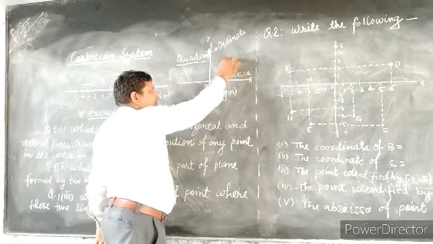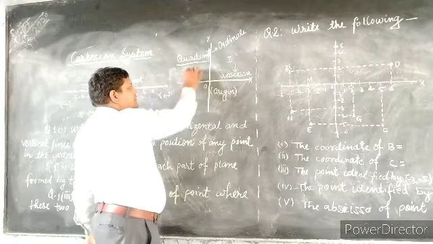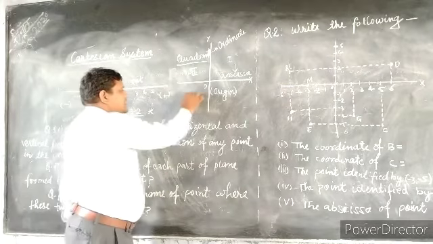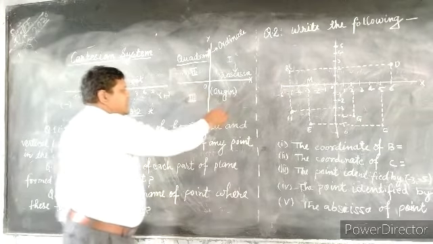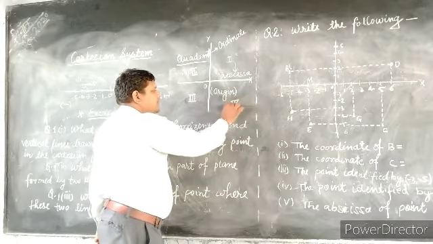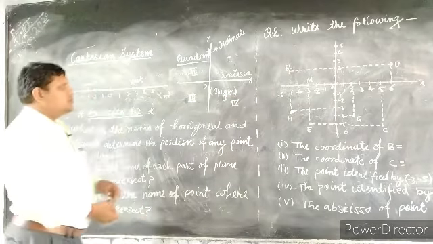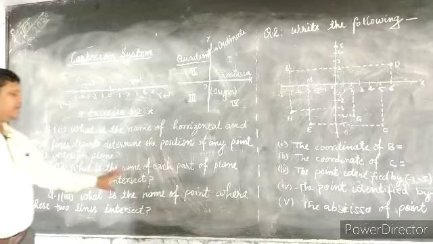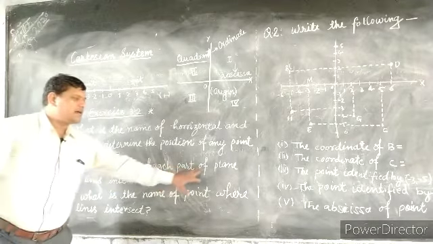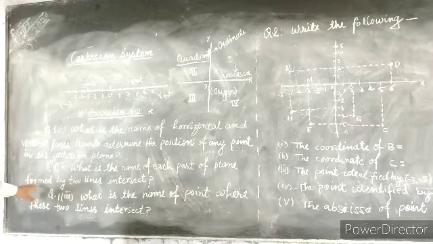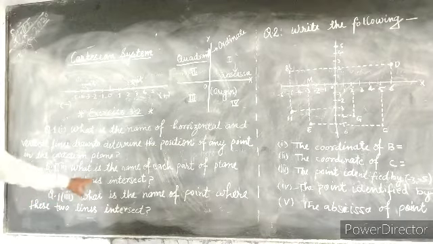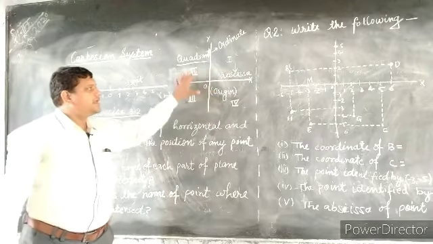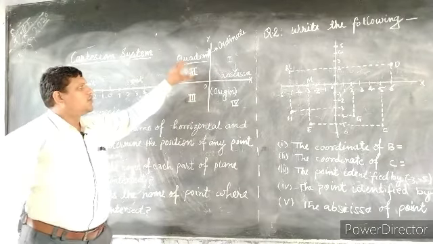This one is the first quadrant, this one is the second quadrant, this one is the third quadrant, and this last one is known as the fourth quadrant. So the name of these four parts is quadrants.